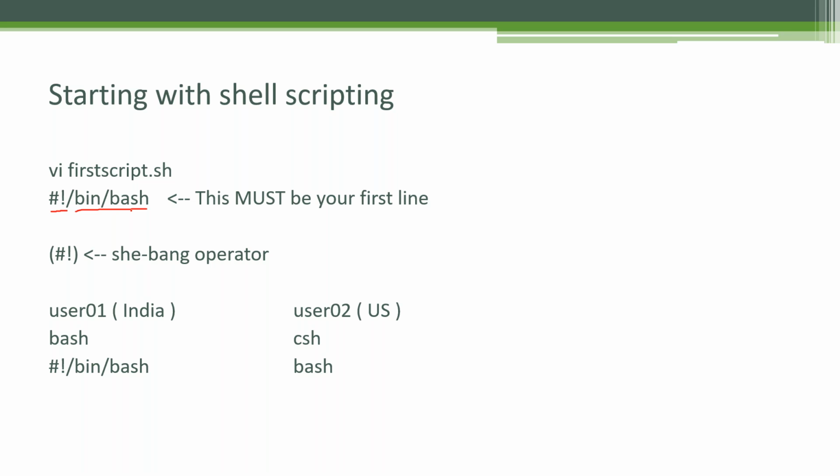So you write the first line, /bin/bash or /bin/csh or /bin/tcsh, starting with the shebang operator.